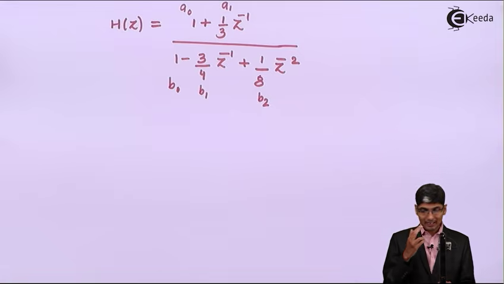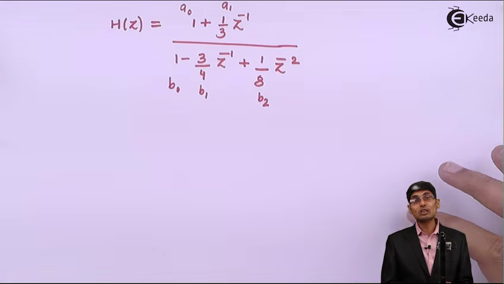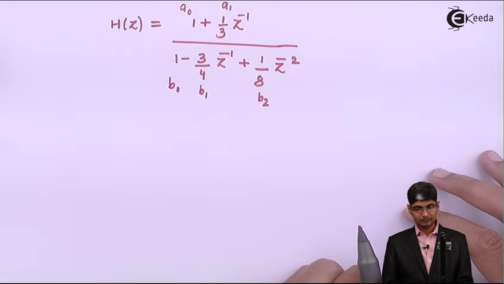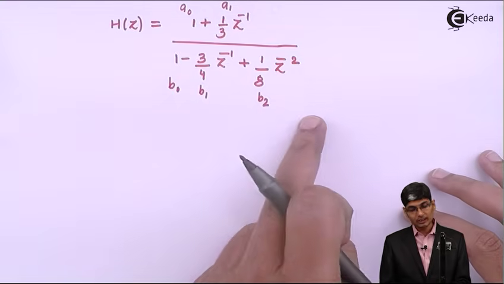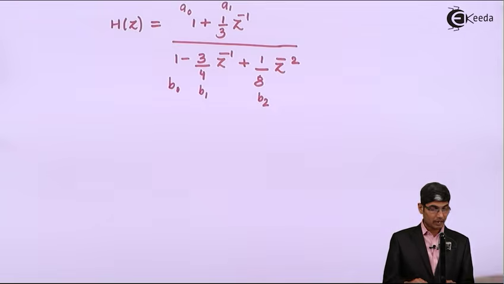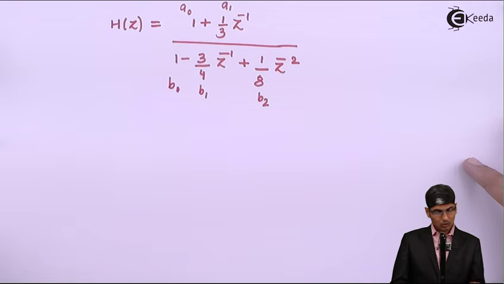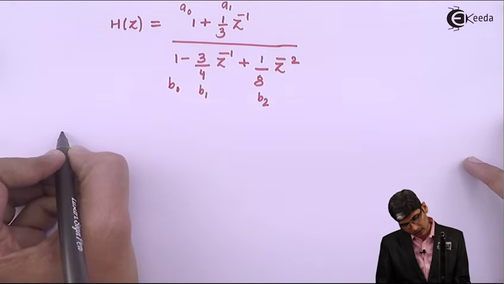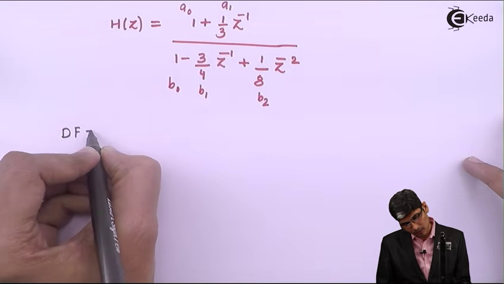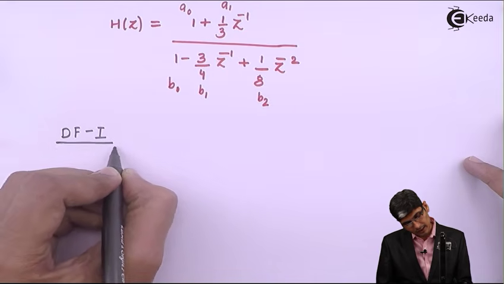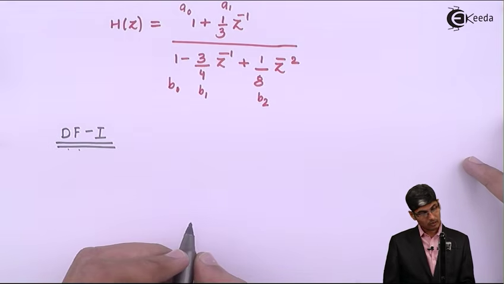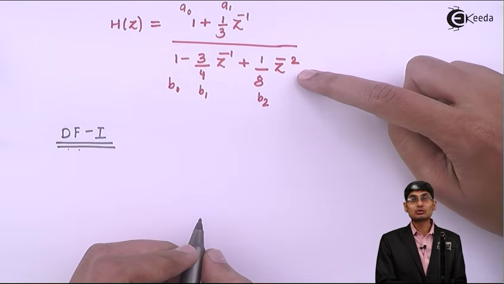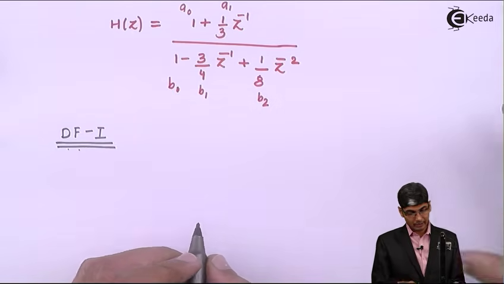All my coefficients in the numerator will go in the forward direction, and whichever are in the denominator will come in the backward direction. So for direct form 1, also written as DF1, you see that there are z raised to minus 2 terms in the denominator.